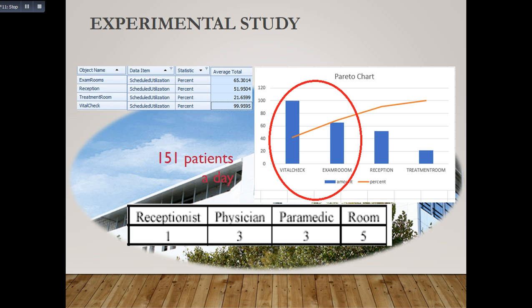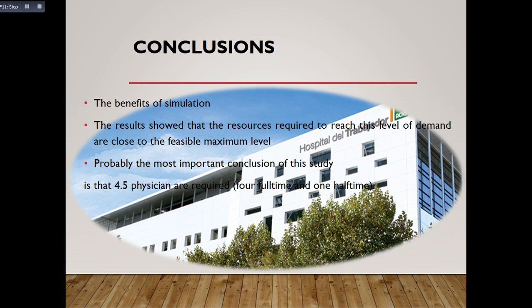My conclusion is that the benefit of simulation is really good. Before we do something, if we simulate it and it shows us the result, it's really easy to understand for someone who didn't know.